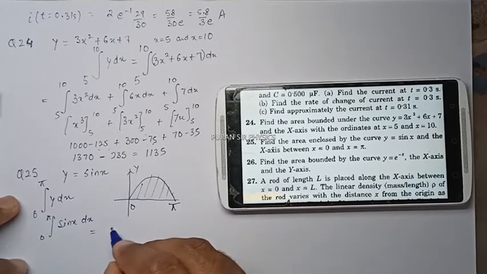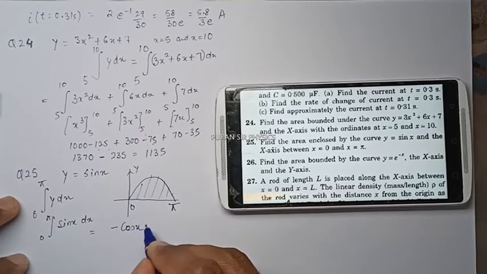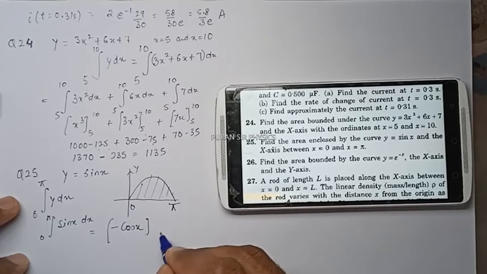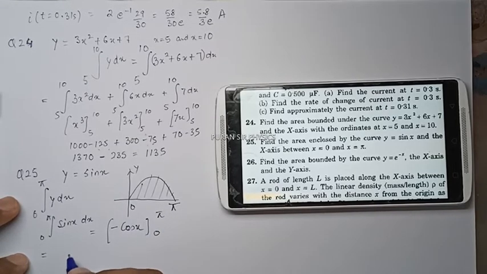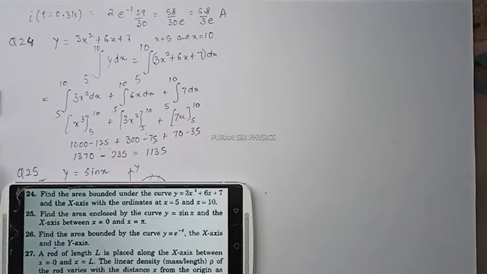Integral of sin x is minus cos x, and the limit will be 0 to pi, and it can be written as minus cos pi, which is minus 1, and plus cos 0, which is 1, so it comes out to be 2. So this is the answer of question number 25.